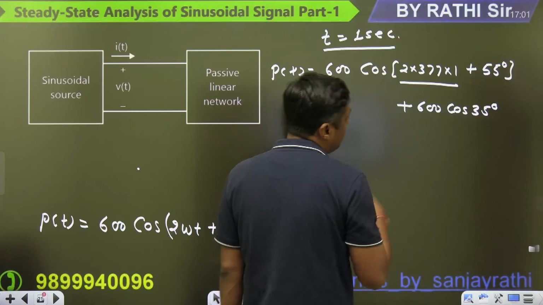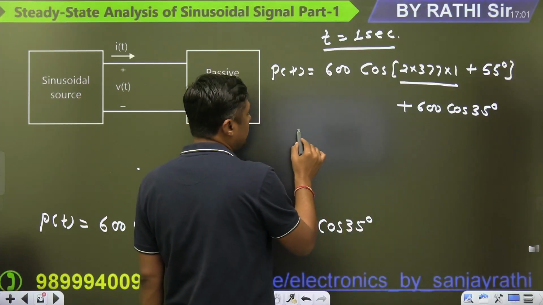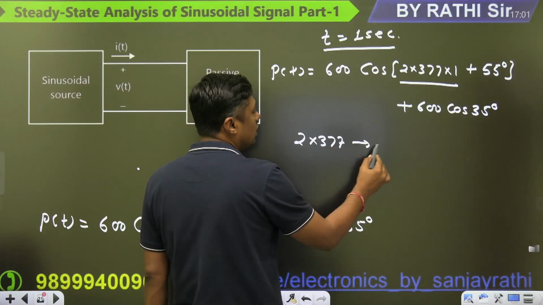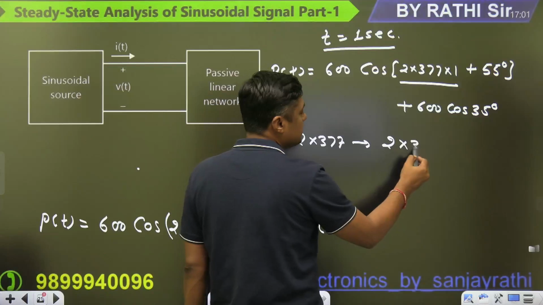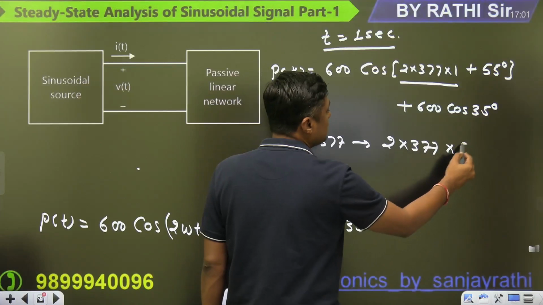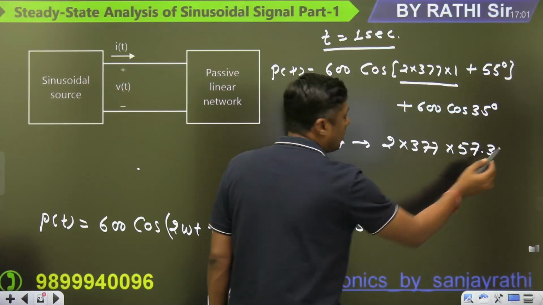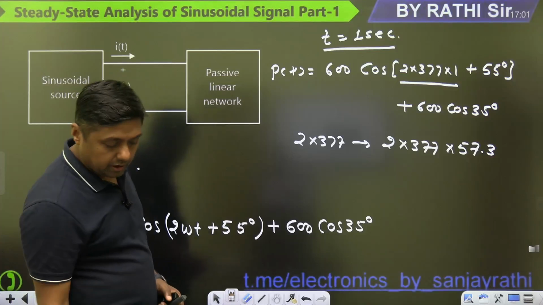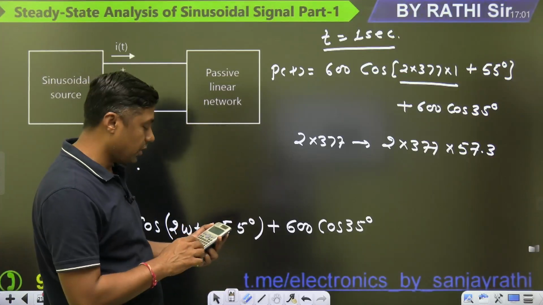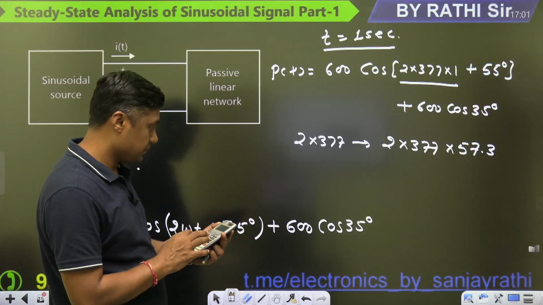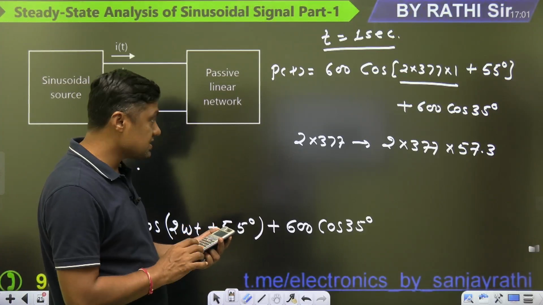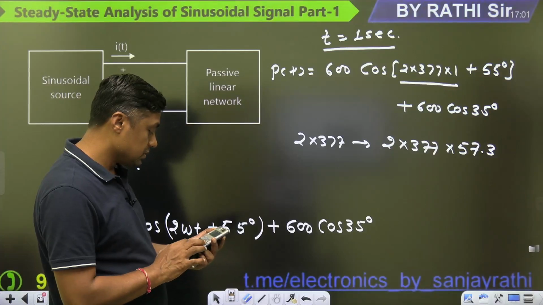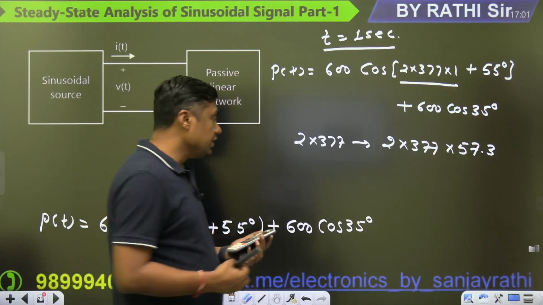What is the formula for radian to degree? You have to multiply with 57.3, that is 180 by pi. So 2 into 377 into 57.3 degree is 43204 degree.